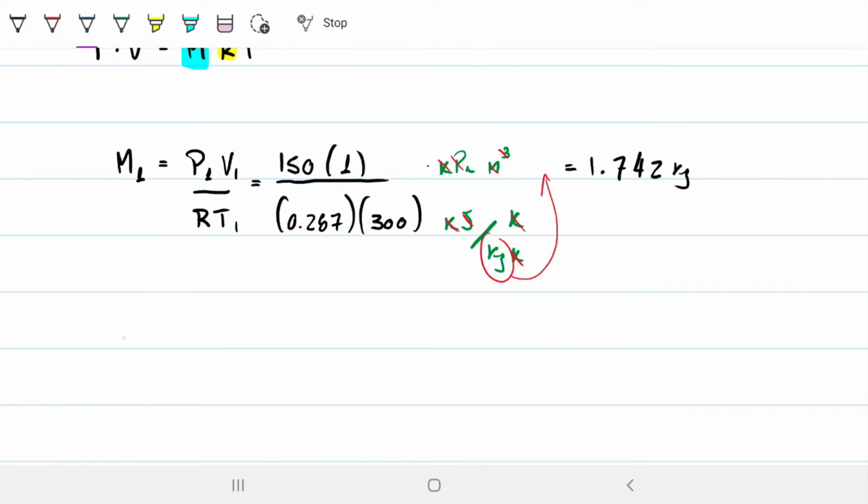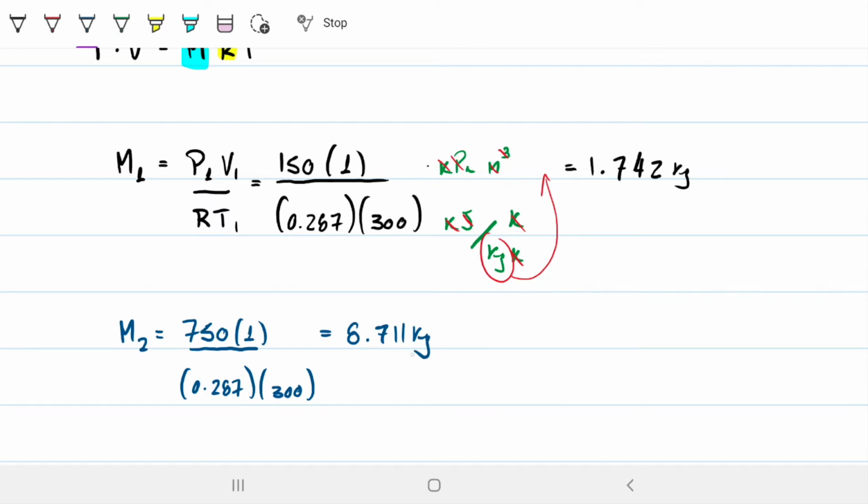What about state 2? Exactly the same thing, except our pressure is now 750. Everything else is exactly the same, including the temperature. Units are going to be the same as well, obviously, and this is about 8.711. Cool.